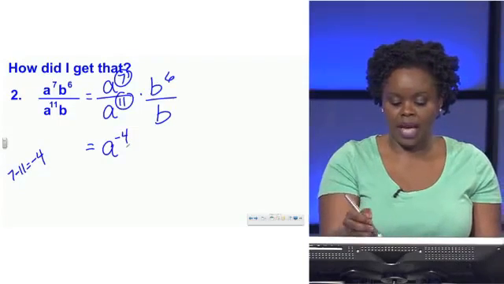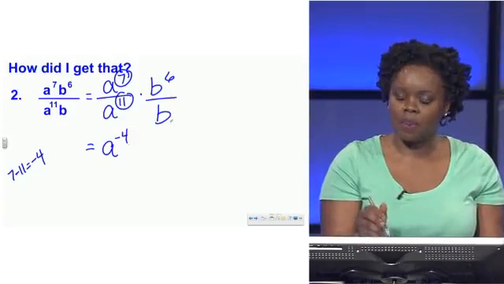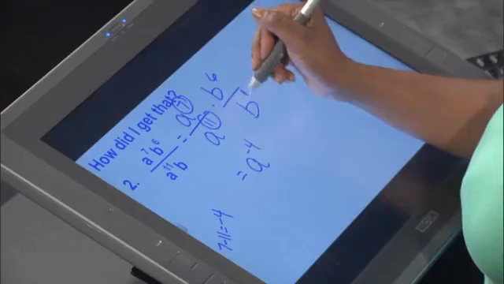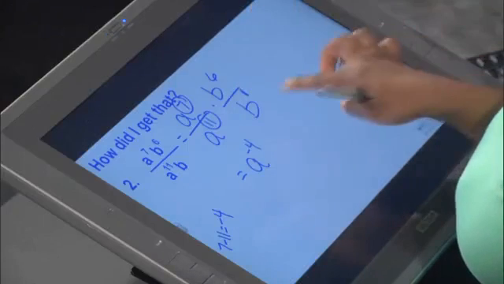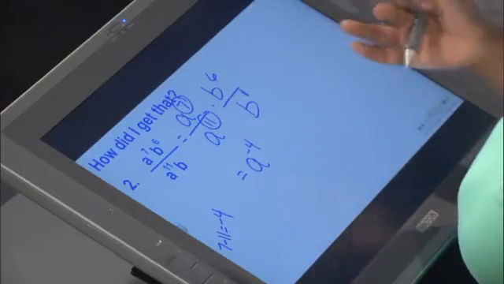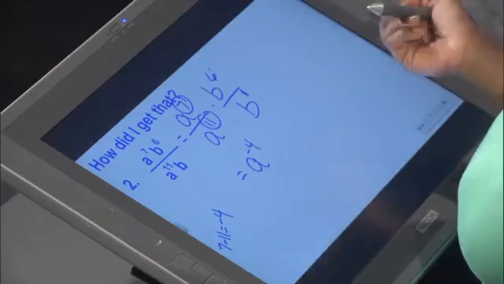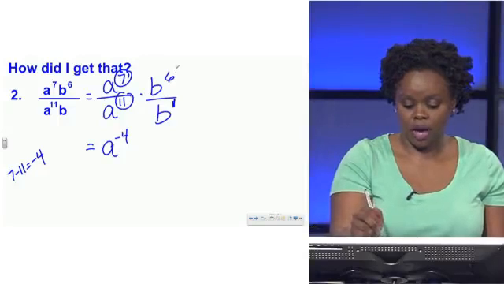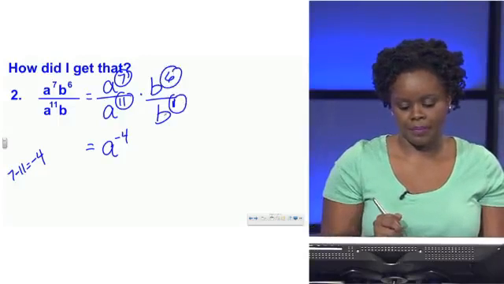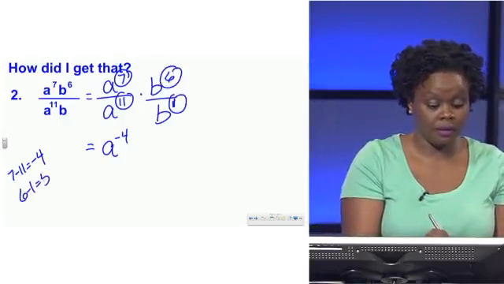Now for the b's, I had b to the 6th, and then I had b. And remember, when you don't see an exponent, there's an invisible exponent of 1. So always remember, if you don't see an exponent, there's a 1 there that you're really not seeing. Just write it in. So for this one, b to the 6th over b to the 1st. Subtract your exponents here. So 6 minus 1, that's 5.